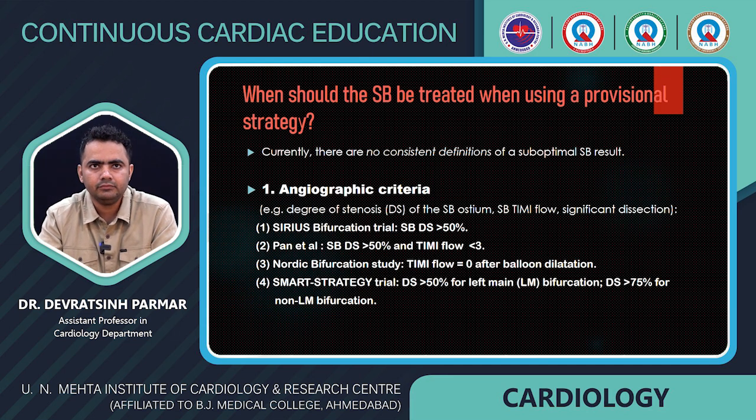Okay. So now, when should we consider the side branch as significant and undergo a provisional strategy? So there are a large number of criteria. There are certain trials that have been done to identify when we should consider the side branch as significant. Okay. So based on the SERIOUS bifurcation trial, if the side branch is more than 50% stenosed, less than TIMI 3 flow, or if there is less than TIMI 0 flow even after your post ballooning dilatations, or if the LMC is more than 75% stenosis or side branch stenosis.